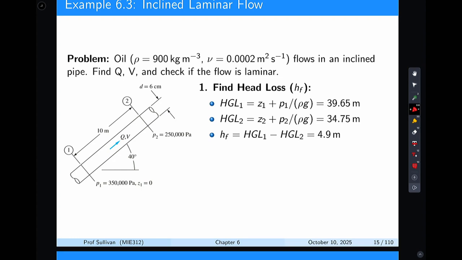I have a 40-degree incline, and a 10-meter distance between point 1 and point 2. I'm given enough information to calculate the height difference and the head loss between the two points. I'm assuming it's fully developed flow, which is usually a safe assumption in these cases. You have to assume it, otherwise, good luck.